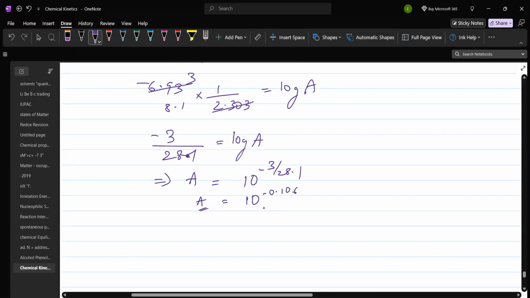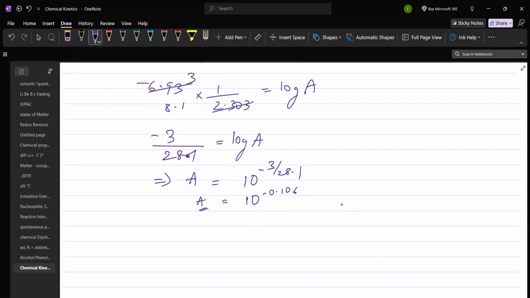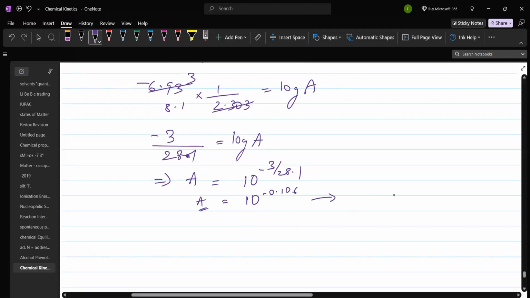The a will be the answer, but you have to calculate this. So let's see how. This is minus 1 plus 0.894. Now 10 to the power of minus 1 is 1 by 10, into 10 to the power of 0.894.